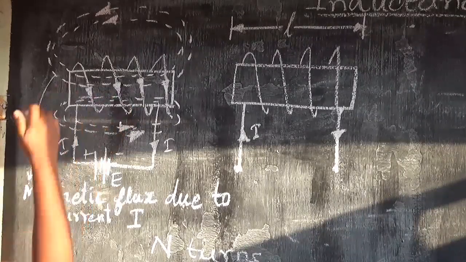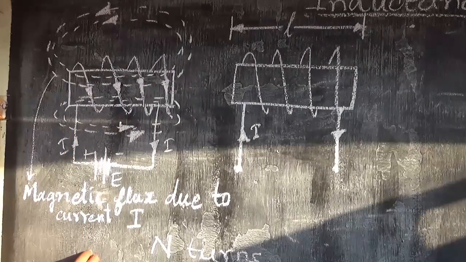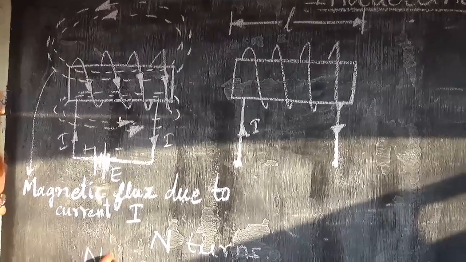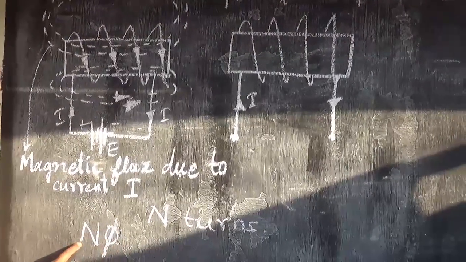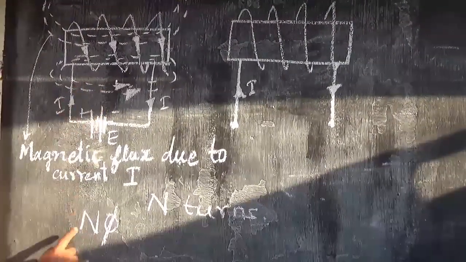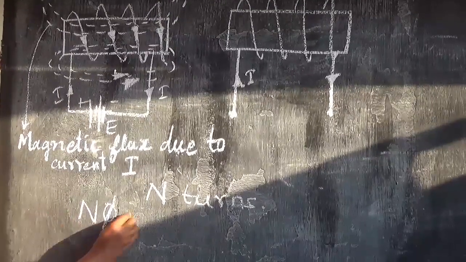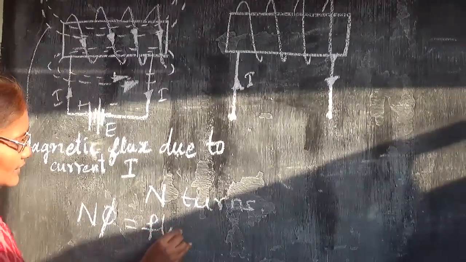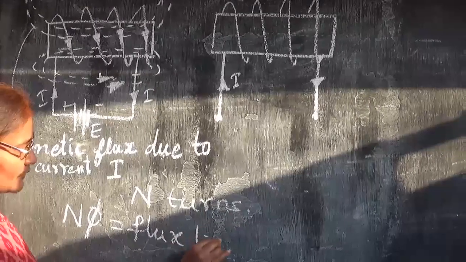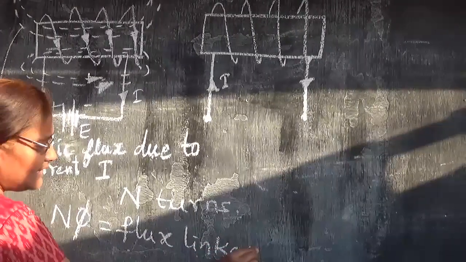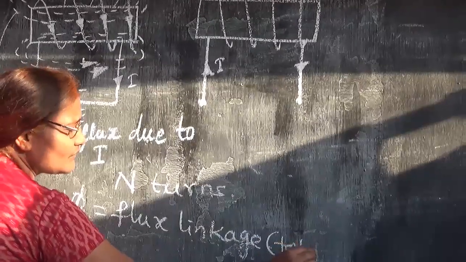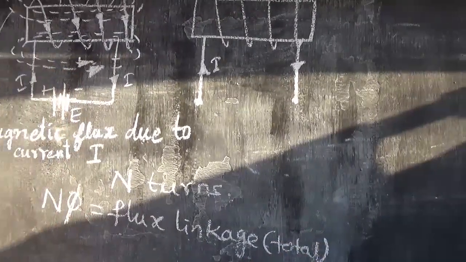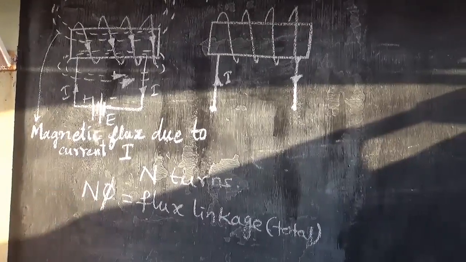This is called flux linkage, and this flux linkage is represented with N phi. Flux phi linking with N turns is called flux linkage, which is N phi. We can consider it as the total flux linkage N phi.